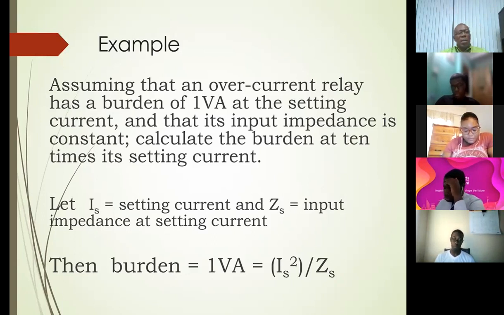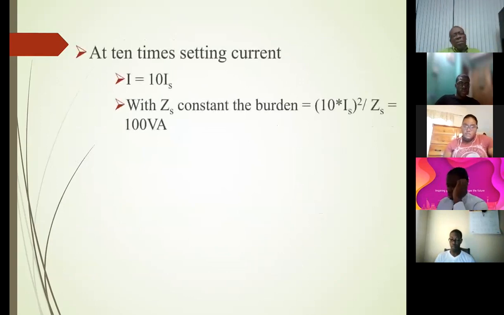Now, if we then see an input current which is 10 times the setting current, we then have a burden of 100 VA.